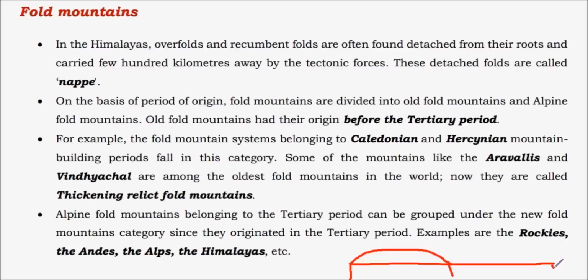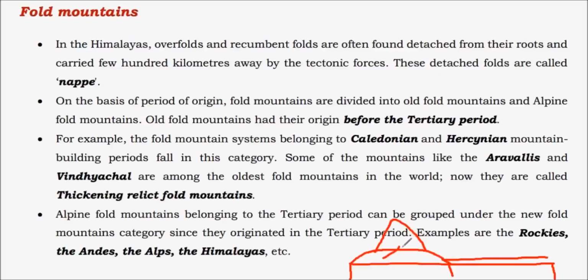This is because though this region is much lower compared to the plateau, it is much denser, so it will have the same weight as this whole mass. Thus the whole system is in isostatic equilibrium. But when a change happens, that is, when a mountain is formed somewhere here, it leads to a change in isostatic equilibrium. Under these circumstances, this region comes down and this region is lifted to an extent where the isostatic equilibrium is restored.